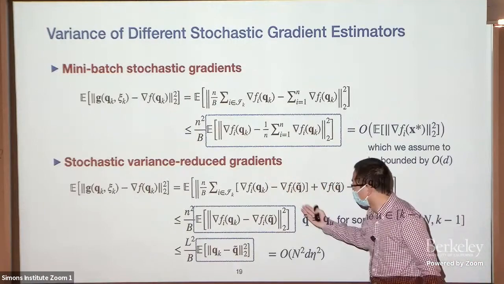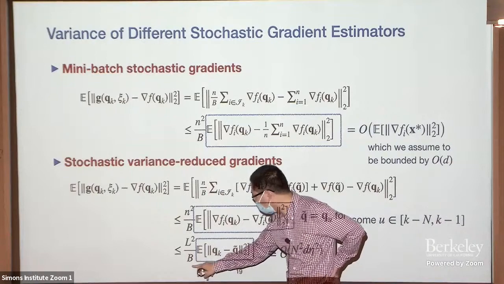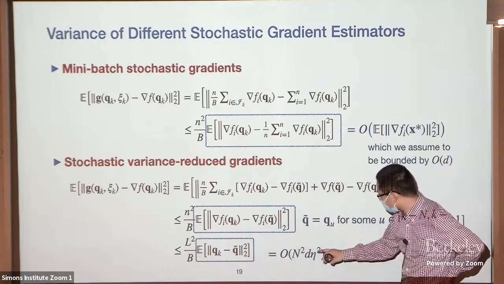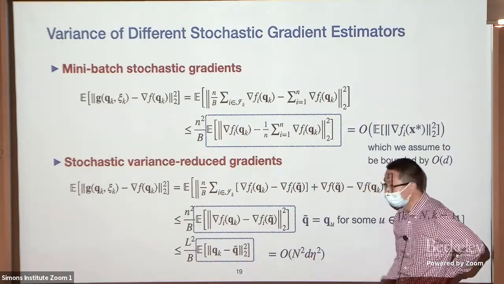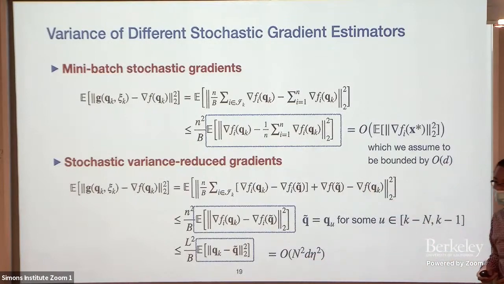And for ACVRG, we can show that the variance can be bounded by L squared divided by B times N squared D eta squared. Remember that this big N is the length of the epoch in ACVRG.